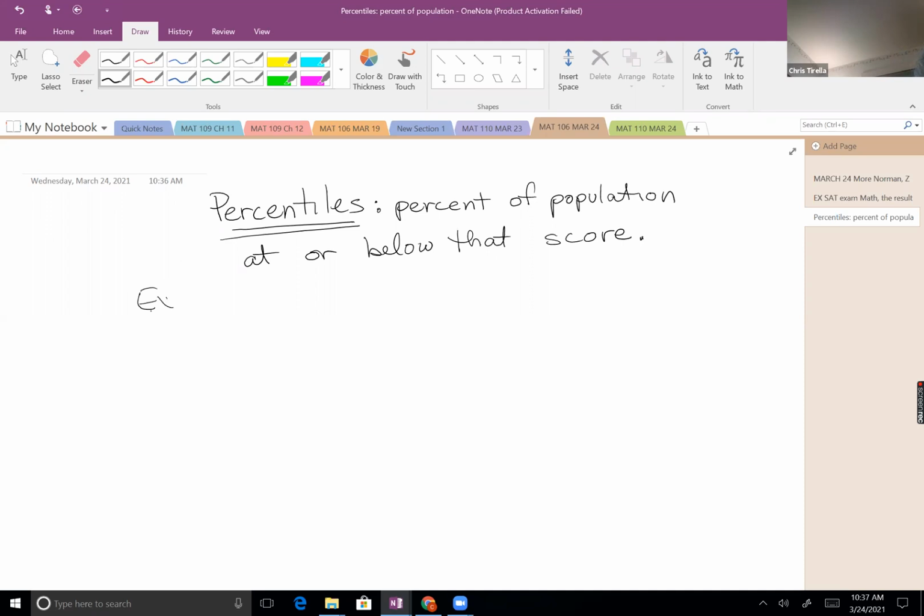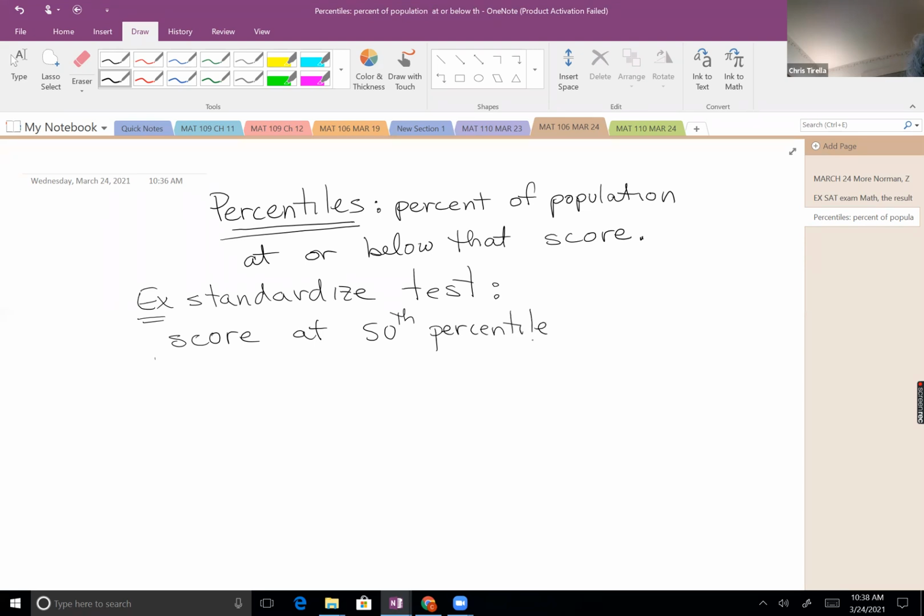Another example: if you take a standardized test, a lot of times when they give you your results, they give you a percentile. If you score at the 50th percentile, that does not mean that you did a terrible job and only got half the answers right.